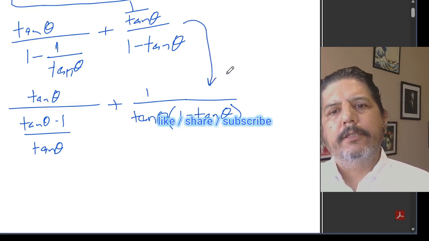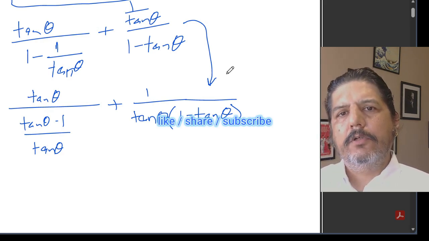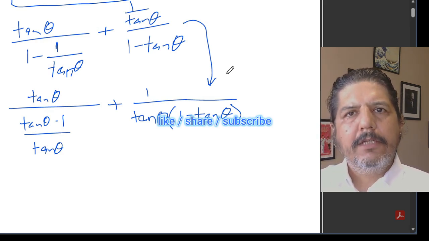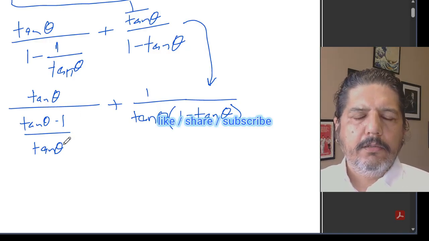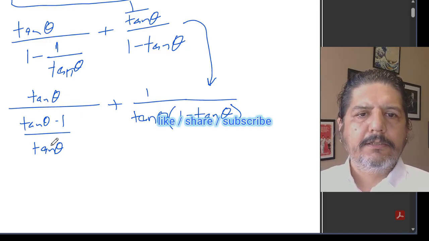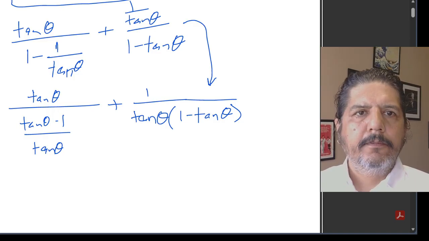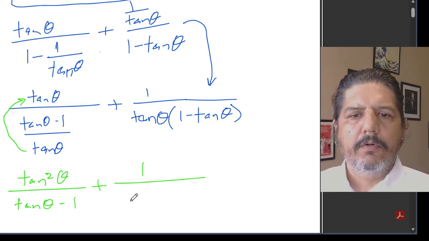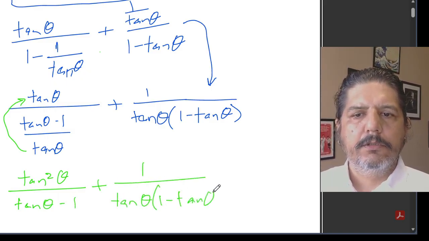That is my point, that trigonometric identities is a lot about being comfortable with algebra also. So here the manipulation that we'll have to do now is that this tan theta would come here. I'll write it as tan²θ upon tan theta minus 1 plus 1 upon tan theta (1 minus tan theta).